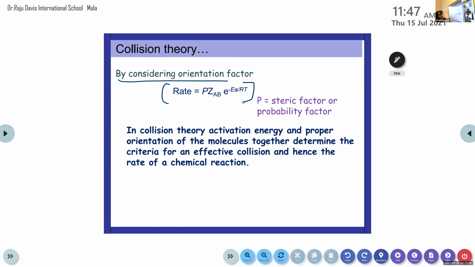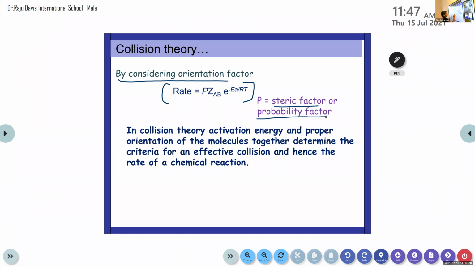Now we are considering this orientation factor and the equation becomes: rate is equal to P ZAB e raised to minus EA by RT. This P is known as steric factor or probability factor.